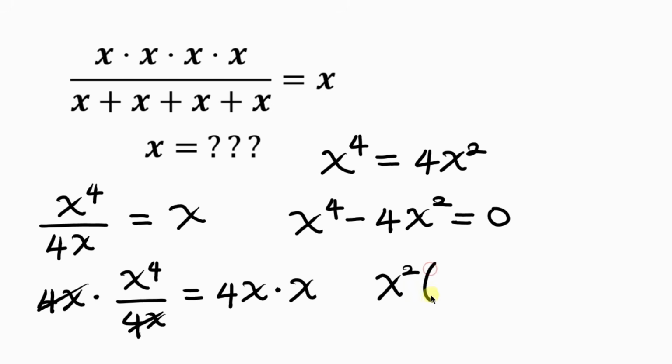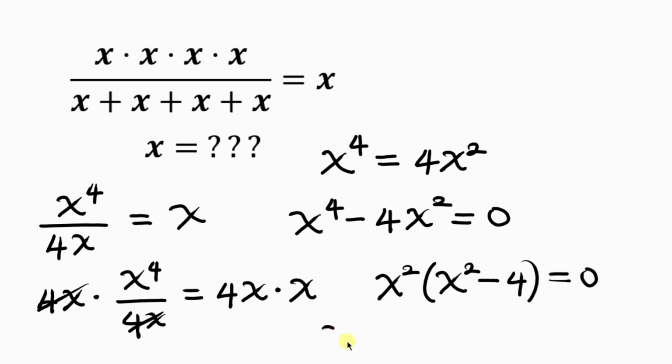Now open a bracket. Now let's divide. x to the power 4 divided by x squared, we have x squared, minus 4x squared divided by x squared, we have 4. Good. And this is equal to 0. So we have two cases from here.